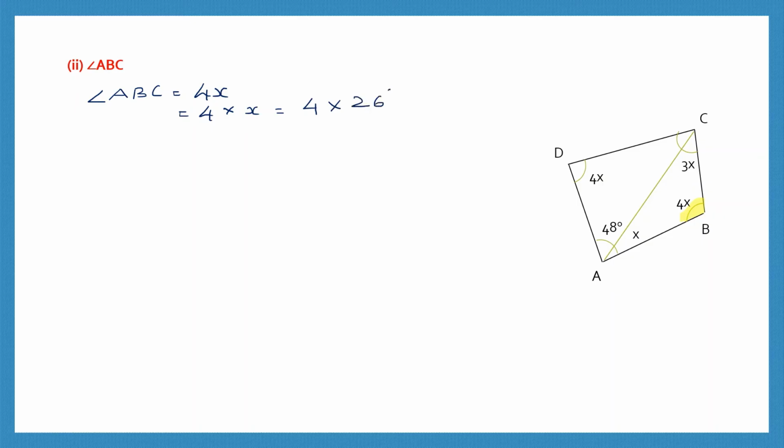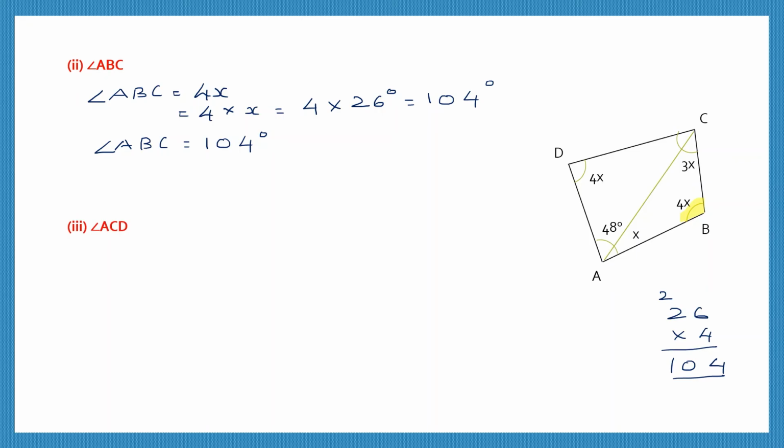So 4 into 26 degrees. Let's multiply that. 4 sixes are 24, carry 2. 4 twos are 8, 9, 10. So it's 104 degrees. Angle ABC is equal to 104 degrees.